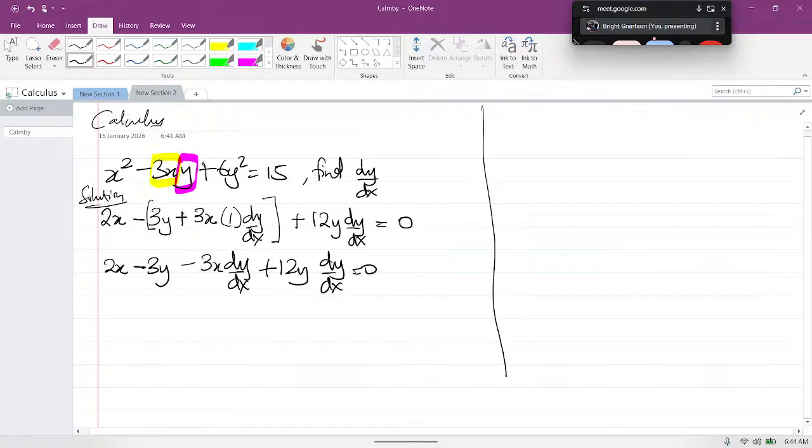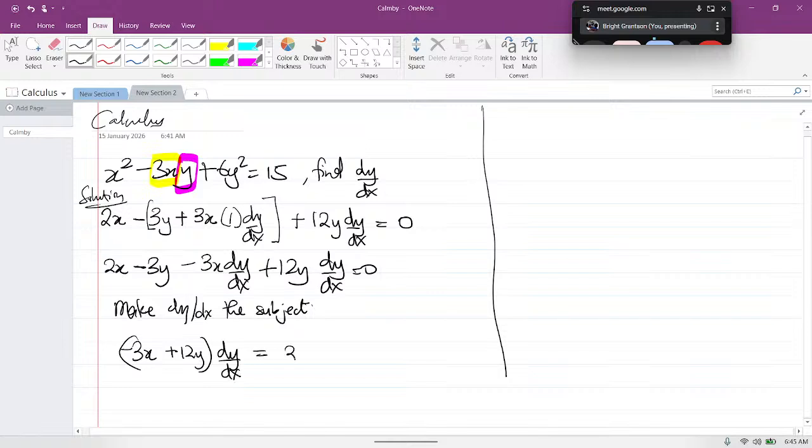Now make dy/dx the subject. Let's move all the dy/dx terms to one side. As negative 3x plus 12y, you can factorize them, in brackets, times dy/dx, equals 3y minus 2x.